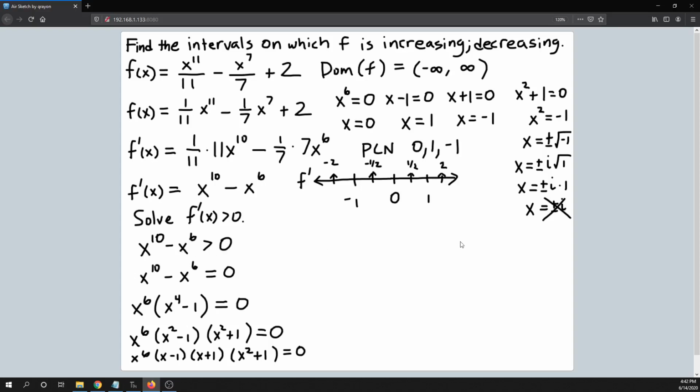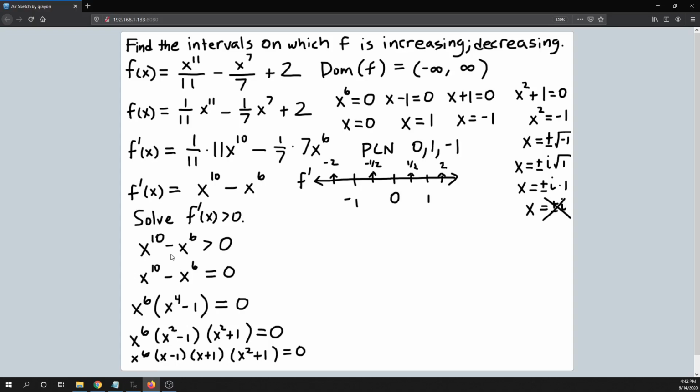I don't want to switch back and forth, so what I'm going to do is use the factored out version of the derivative instead, just because it's easier to do by hand.